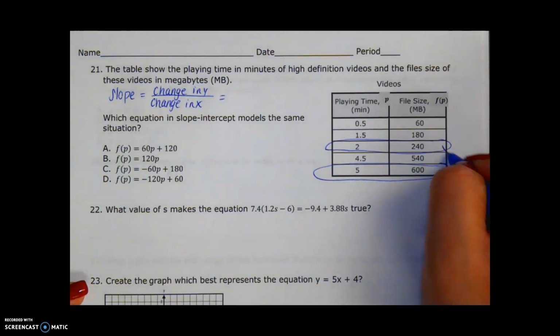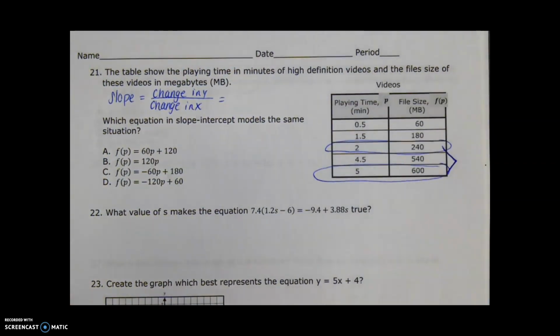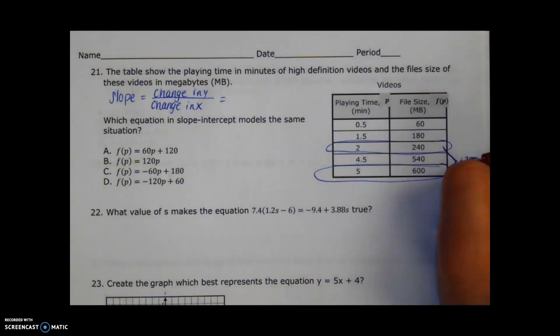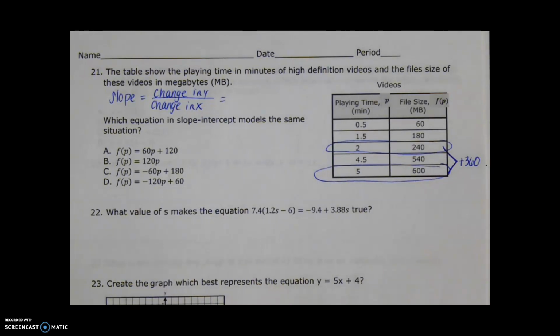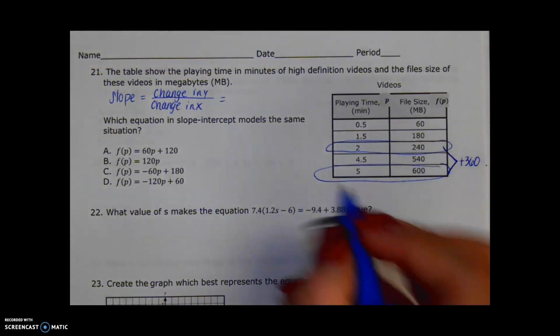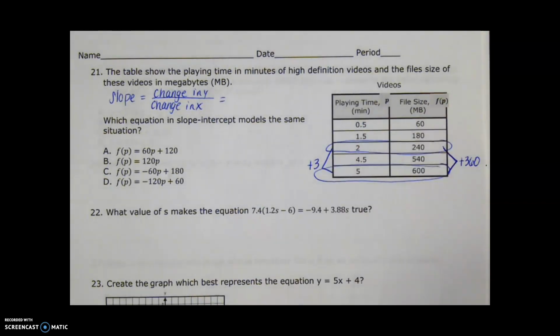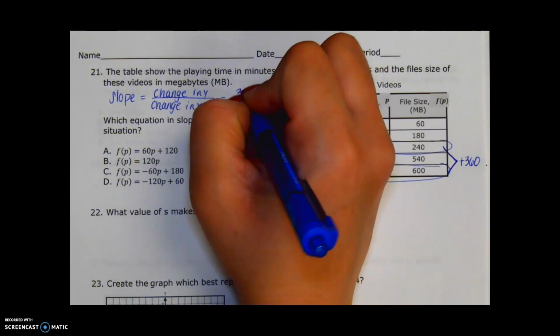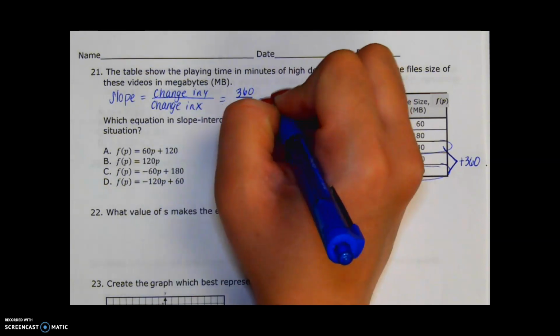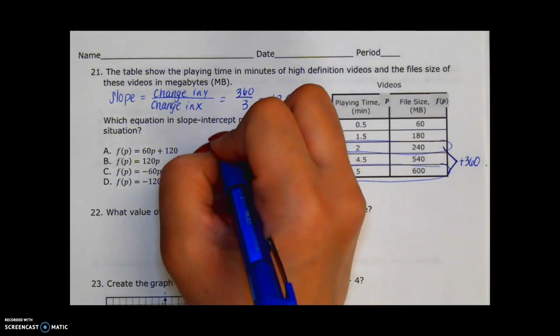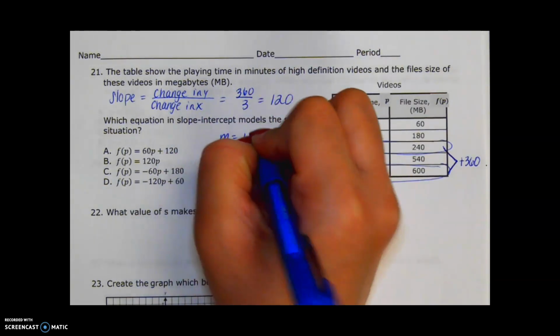Change in y from 240 to 600, I know that that is going up 360, okay, 360. And then from 2 to 5, that is going up 3. So I get 360 over 3 simplifies to 120. So I know my m is going to be 120.